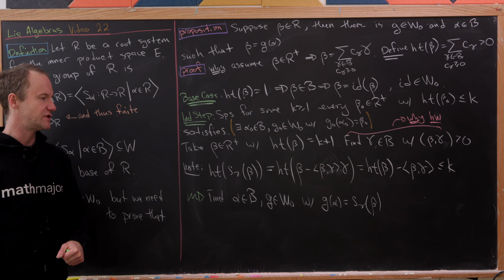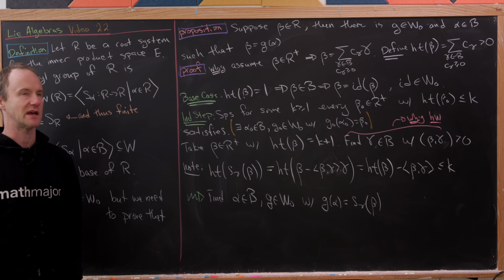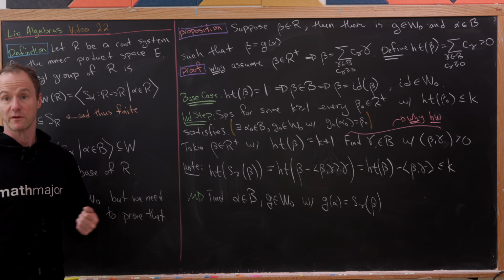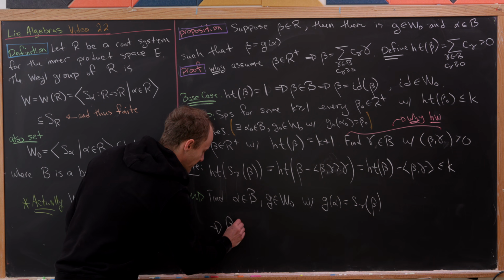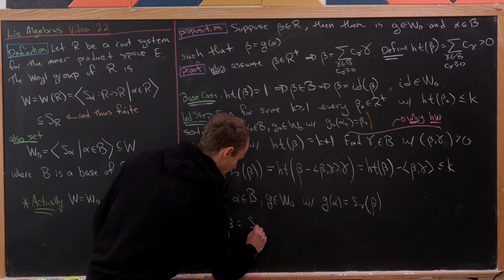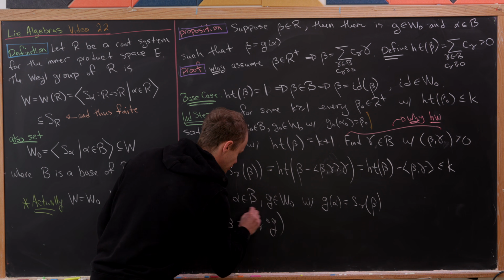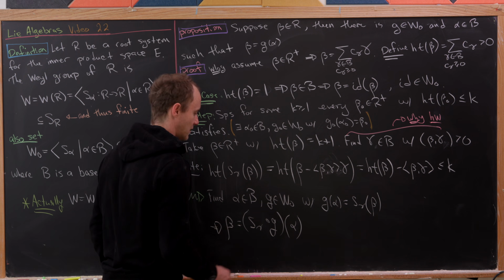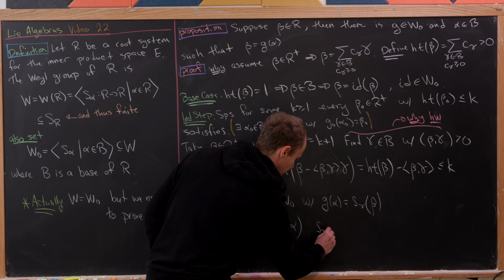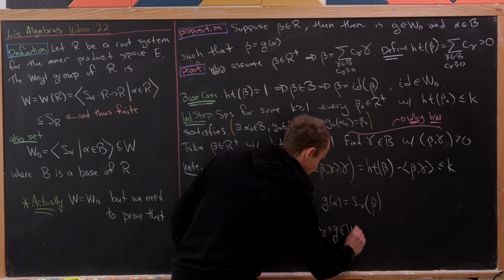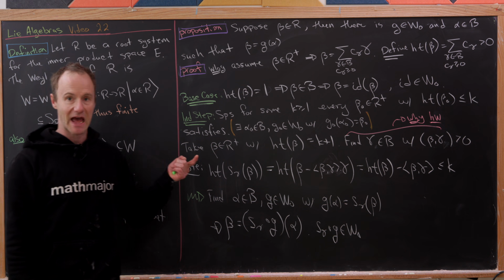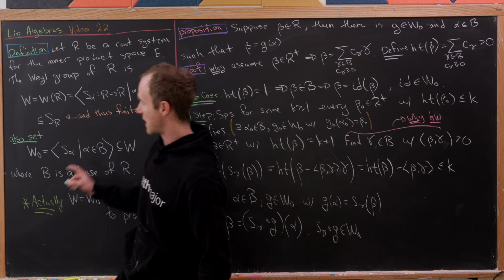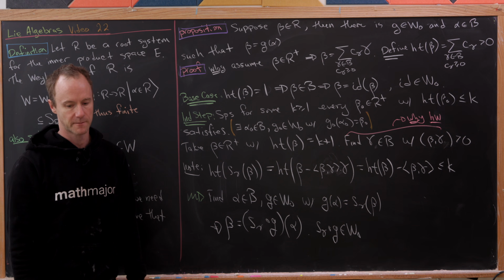But now all we have to do is left multiply by S gamma, keeping in mind that it's a reflection and thus its order is 2, meaning that beta is equal to S gamma composed with G, all applied to alpha. And pretty clearly this S gamma composed with G is inside of W naught, because G was in W naught and S gamma is also in W naught just by the definition of W naught.